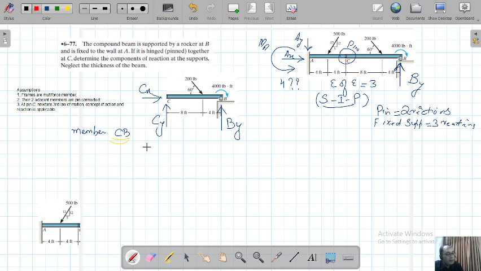If we apply sigma Fx over here, we will have two components. One component will be Cx, and the other will be this component.